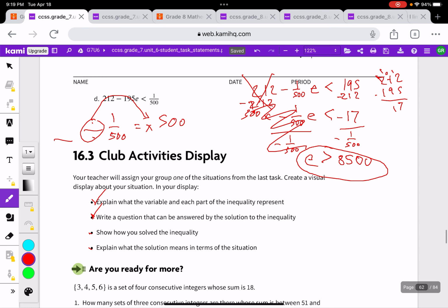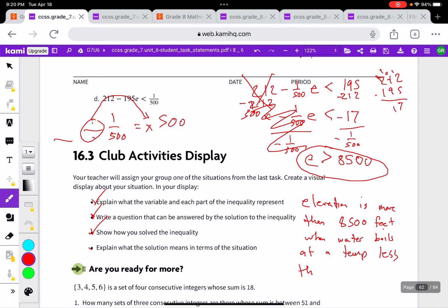That's step. Show how you solved it and explain what the solution means in terms of the situation. Now I got to say the elevation is more than 8,500 feet when water boils at a temp less than 195 degrees.